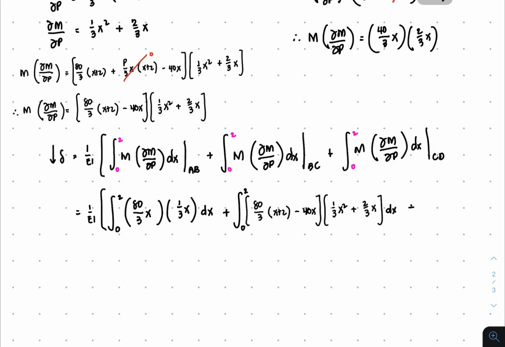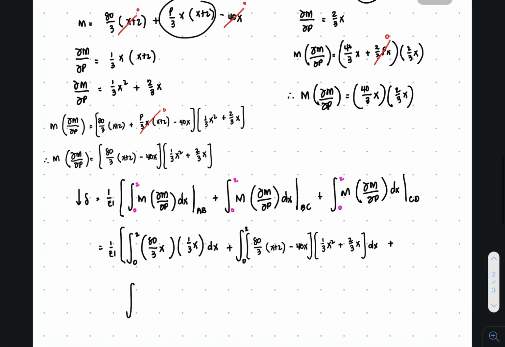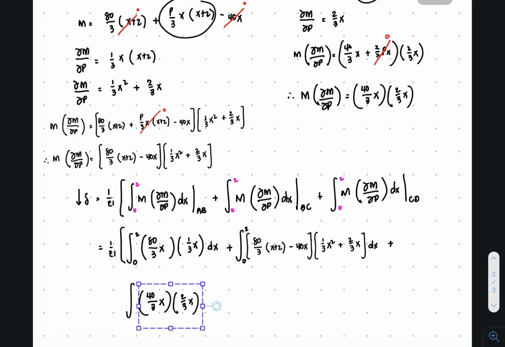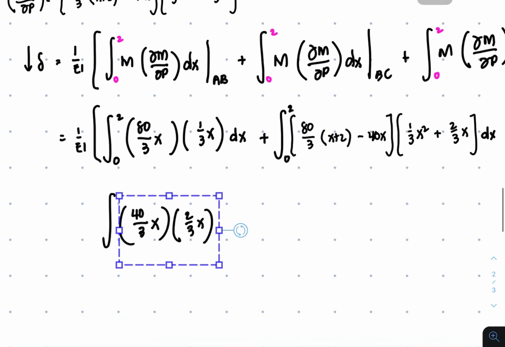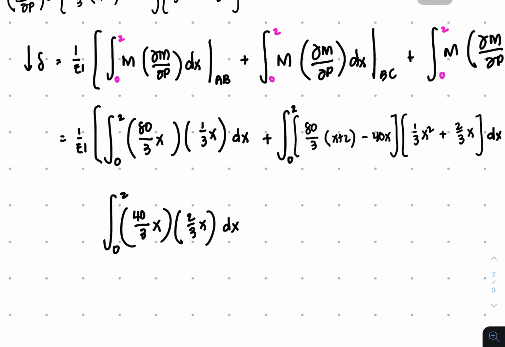And for the last one, plus the same integral. So copy this, for this is the last segment, and paste it here. So the limit, or dx rather, I'm sorry, it's dx, from 0 to 2.